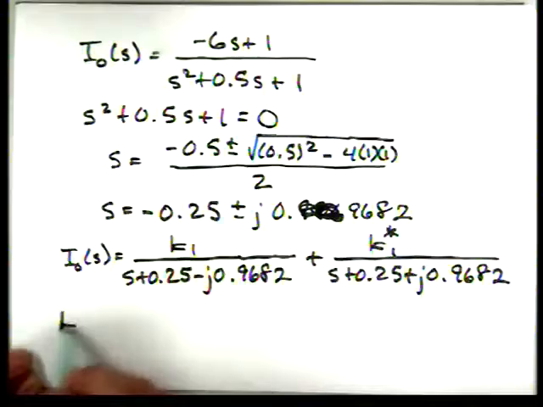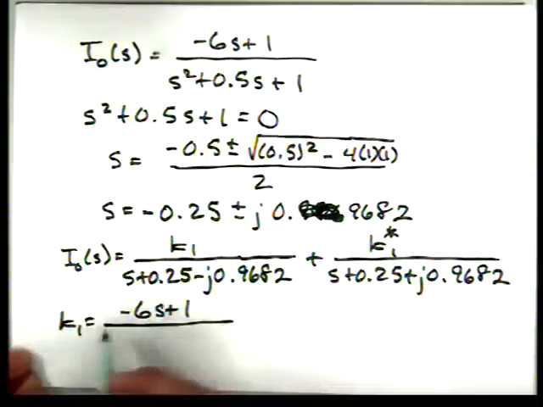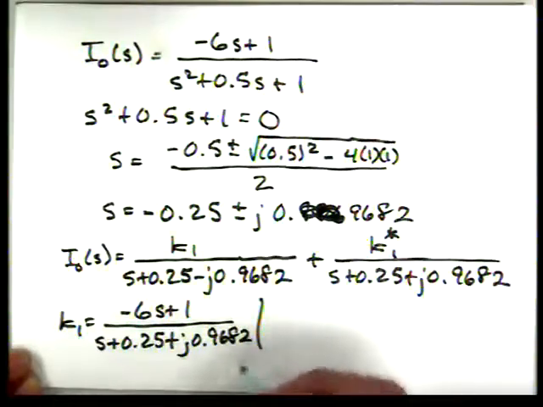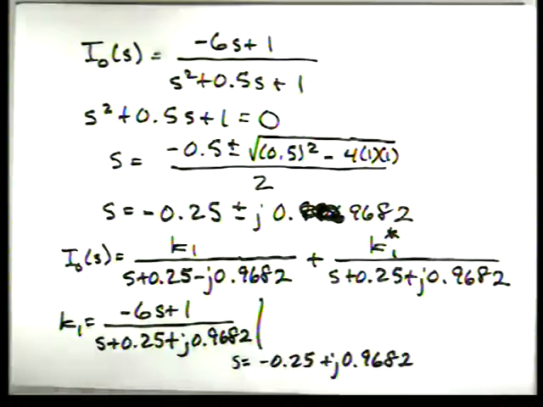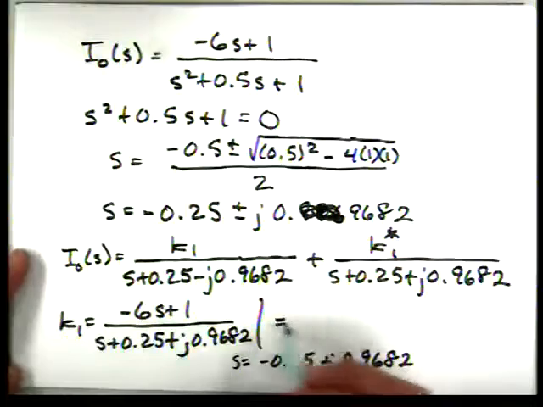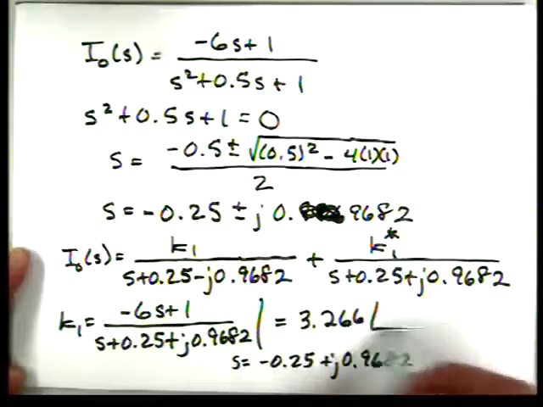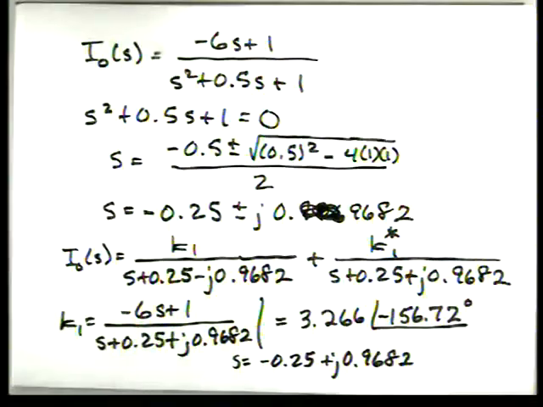So we'll have minus 6S plus 1 over S plus 0.25 plus j 0.9682 evaluated at S equals minus 0.25 plus j 0.9682. And when you do the math here, this turns out to be 3.266 at an angle of minus 156.72 degrees.